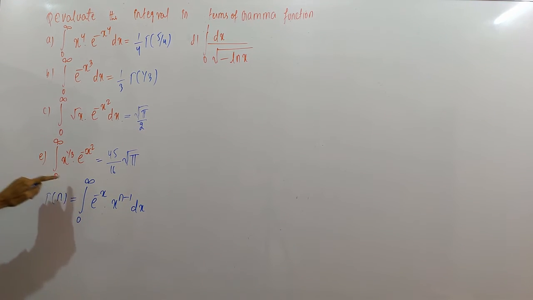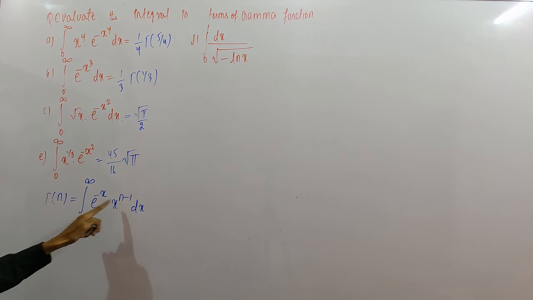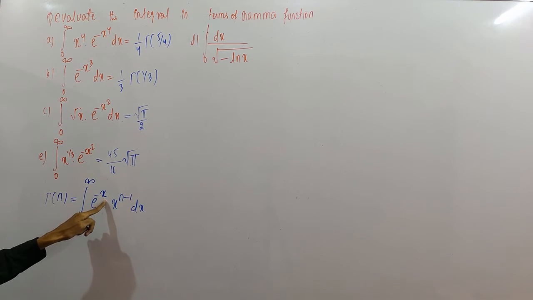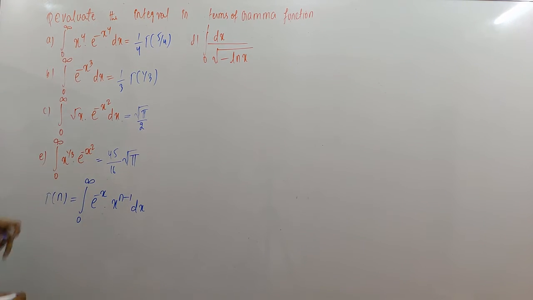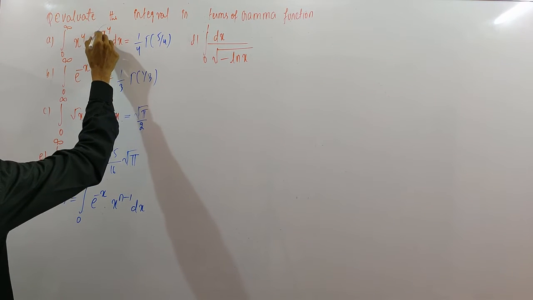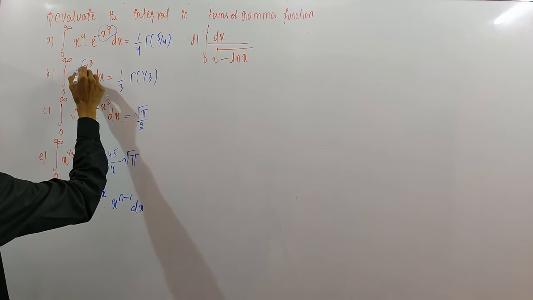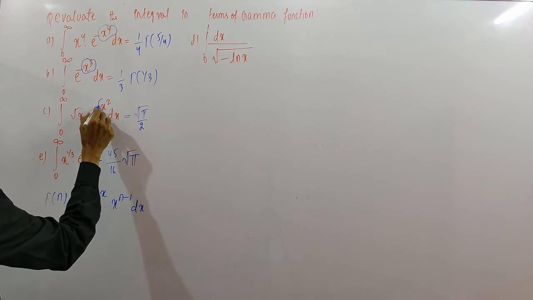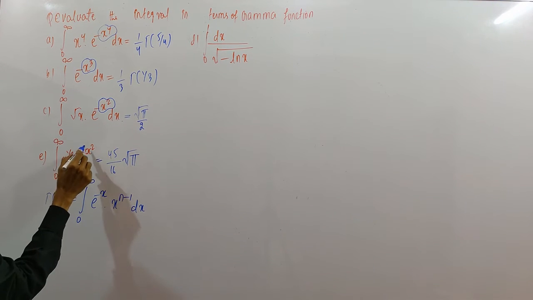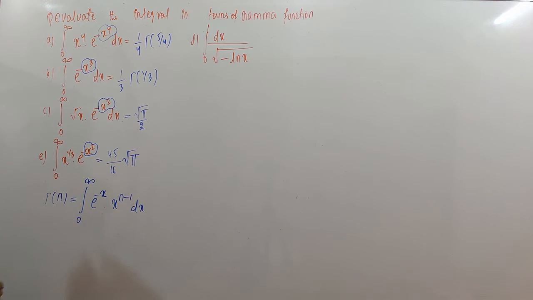In all these questions we have 0 to infinity and an exponential function. So in all of these we have to assume this value as a dummy variable y, and they can be solved by using this function. So try all these questions and get these values. Let me solve this one.